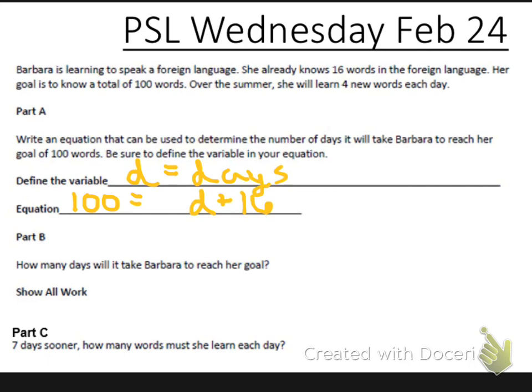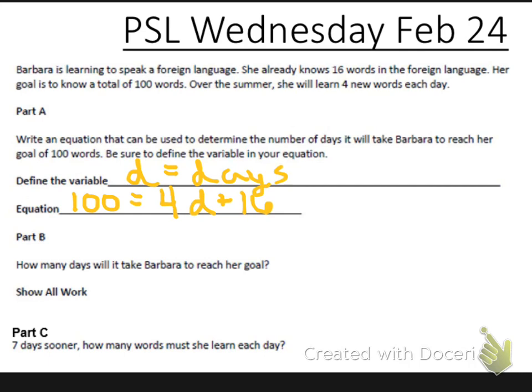So she's learning 4 new words each day or per day. So that's going to be our rate of change, our 4. So you've got that total of 100 equals 4 words for every day, 4D, plus the 16 she already knows. So that's how you're going to write that equation.